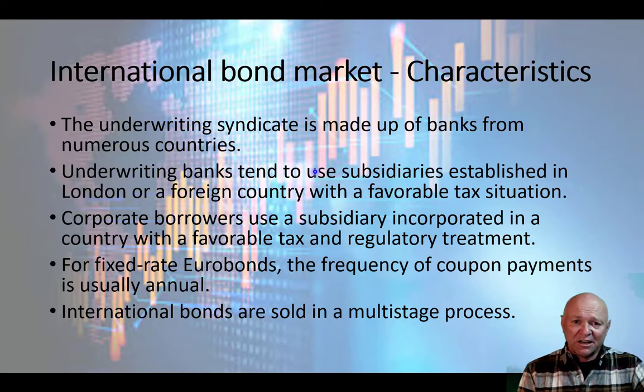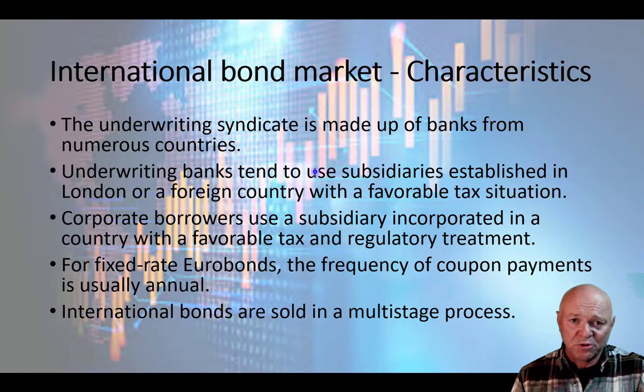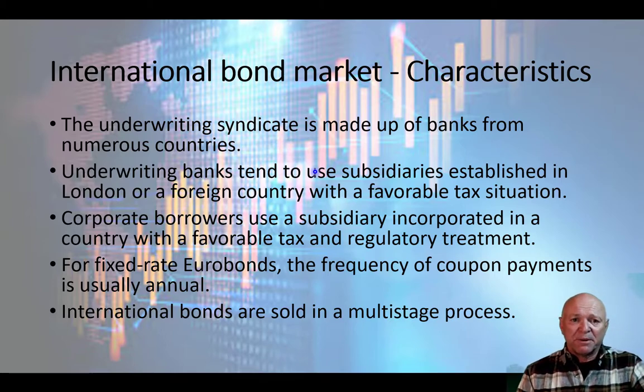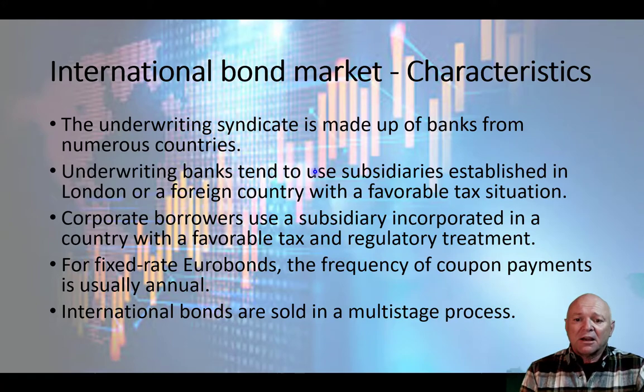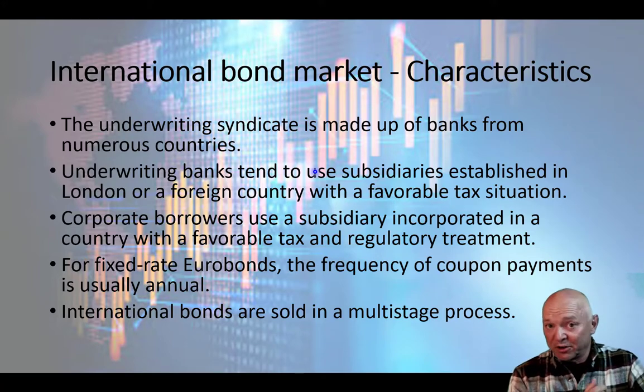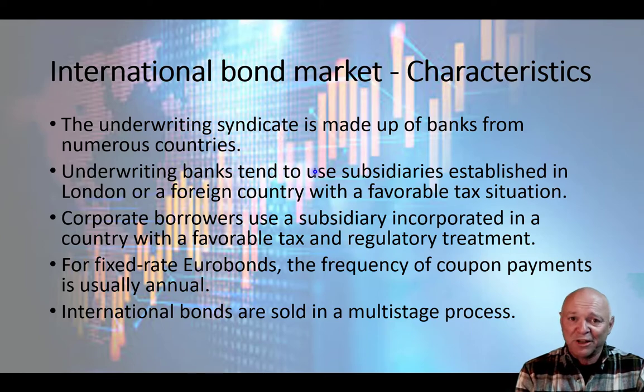The underwriting syndicate led by the lead underwriter, the book runner sometimes they're called, will go to other banks in different parts of the world and put together an underwriting syndicate. The banks will use their subsidiaries that are based in one of the money centers in the world, probably London, and one with both a good tax law, well understood tax situation, and some kind of a legal system that provides a reasonably safe foundation for contracting.